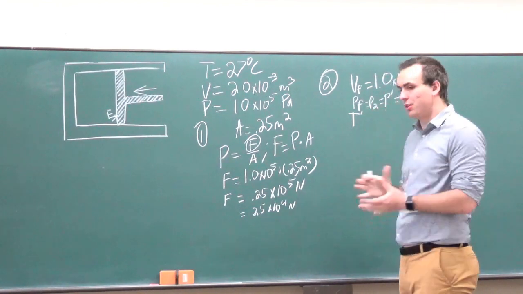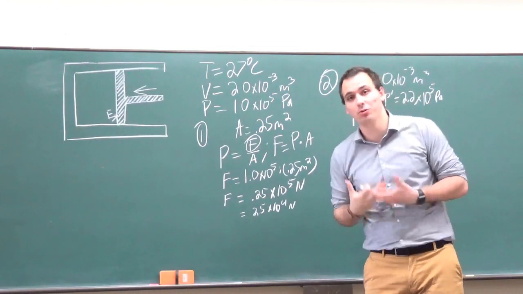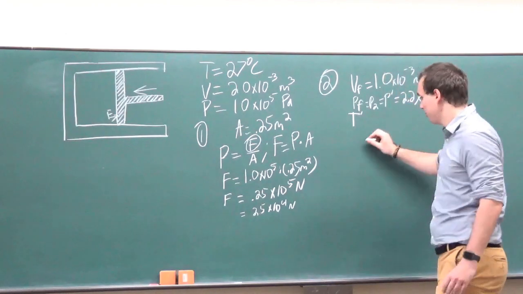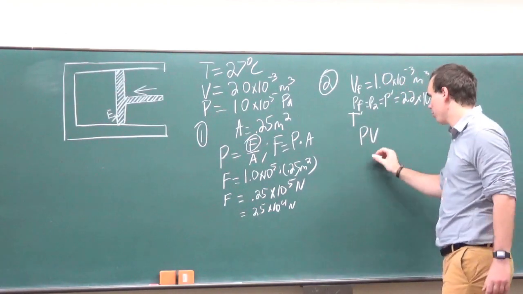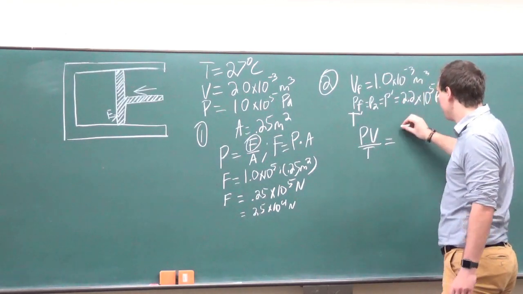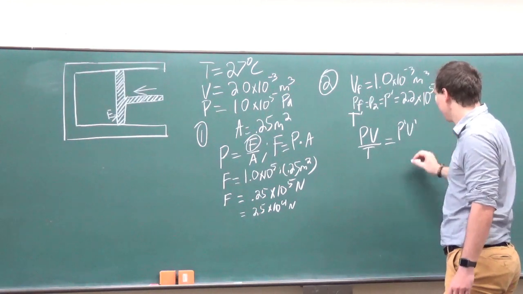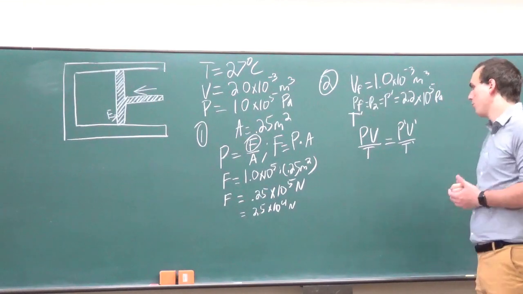Now, in order to do that, we're going to use the relationship of a closed system. A closed gas system. The initial pressure and volume over the temperature is equal to the final pressure and volume, we'll use primes here, over the temperature.